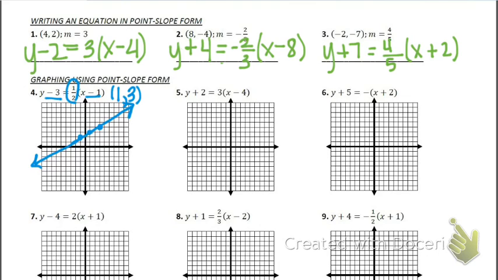Let's do number 5 together, and then I'm going to have you guys do this on your own. We need to figure out what the point is first. So right now on number 5, write down what the point is. What's the given point? Dennis, help me out.